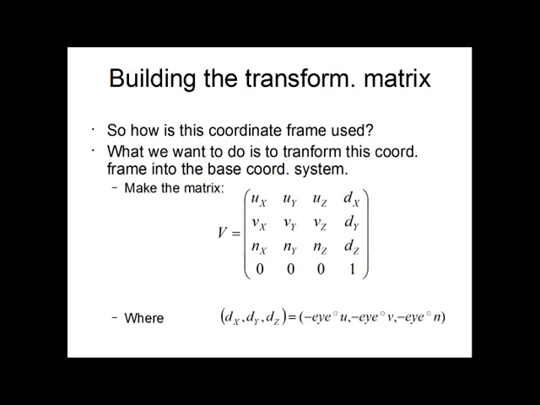So now that we have the coordinate frame itself, we need a way to put it into the model view matrix so that the model view matrix multiplication will actually do the transformation that we want it to do, which is take the coordinates as represented in the global coordinate system and represent them in the camera's local coordinate frame instead, to make the camera our new center of the universe.